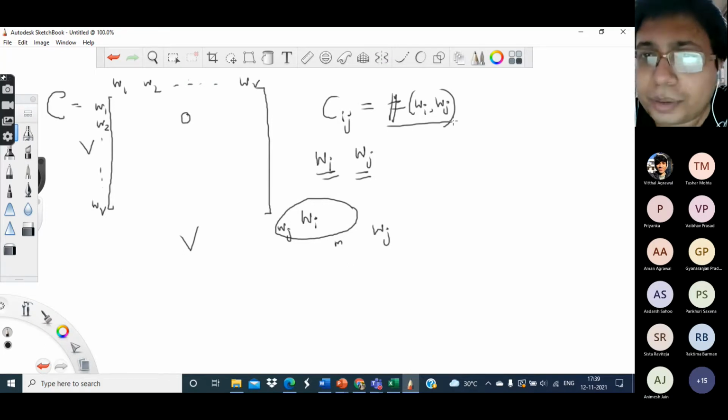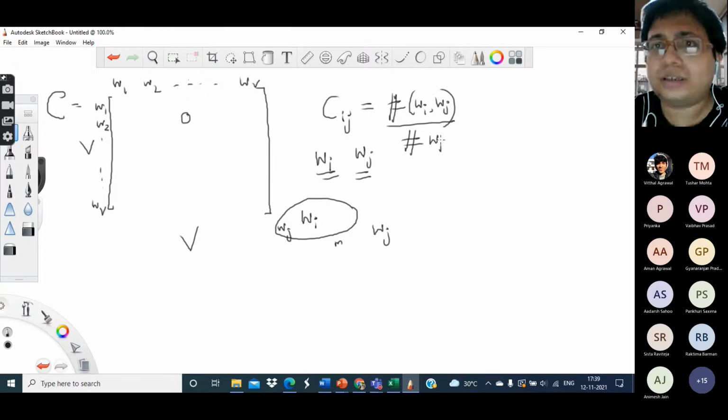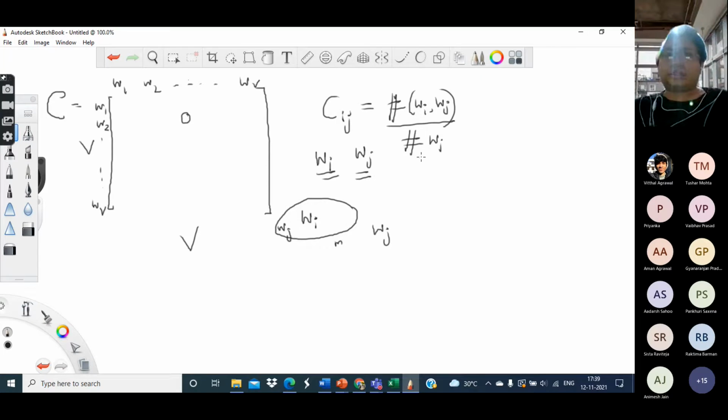Now if I want, I may also normalize it by something like this. This basically says that whenever the word wi occurs, how often is it accompanied by wj also?